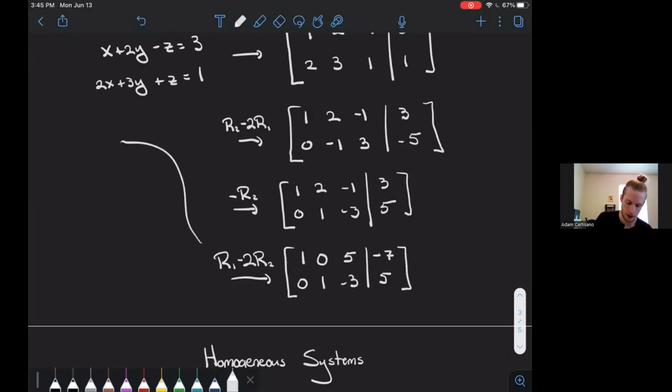Now we can convert this back into a linear system. The linear system is x minus 5z equals negative 7, and y minus 3z. Oh, sorry, that first one should be x plus 5z, positive 5. The second one should be y minus 3z equals 5. Good. Notice z is a free variable.